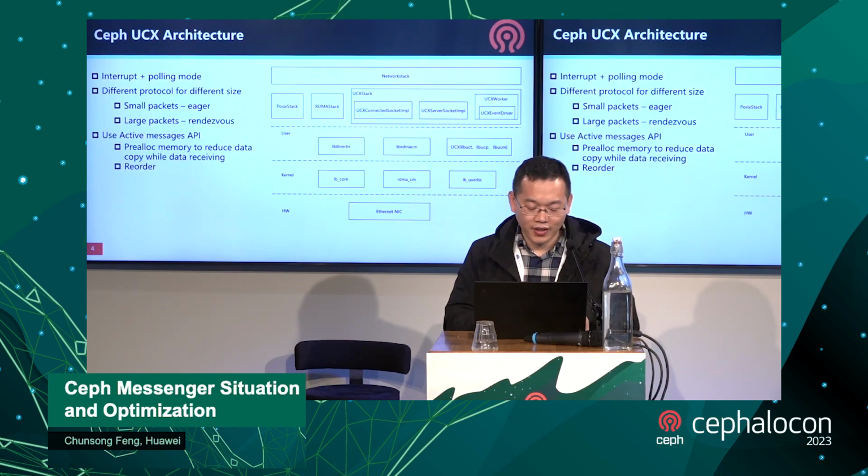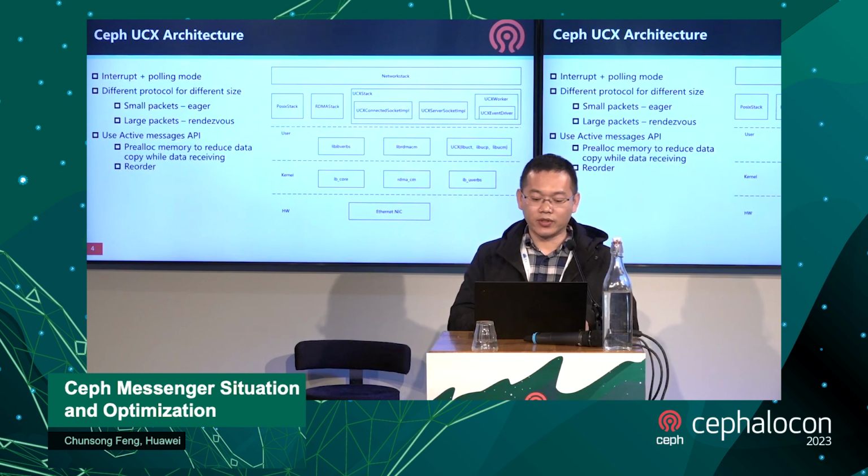UCX has many different types of APIs to send and receive messages, such as stream messages and active messages. We just choose the active message to send and receive messages.